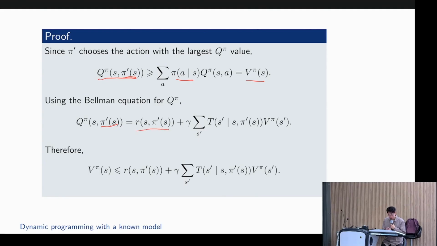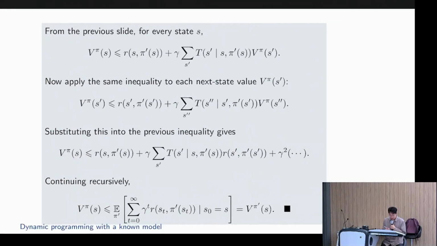That's the immediate reward, the immediate consequence of executing pi prime, plus the discounted expected value onwards, starting from the next state s prime. So from these two equations, we have that v pi of s is upper bounded by the immediate reward upon executing pi prime, plus the discounted future return, for all states.